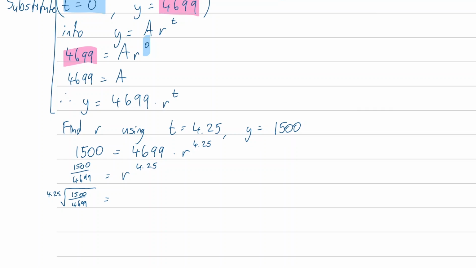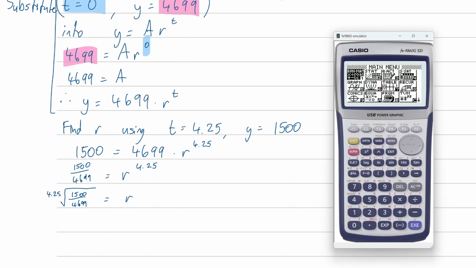On our calculator, when we want to do a root that's not the square root, we need to use shift hat. It's above ln, or to the left of exit. First we put 4.25, because we want the 4.25th root. Then we do that little x root symbol.